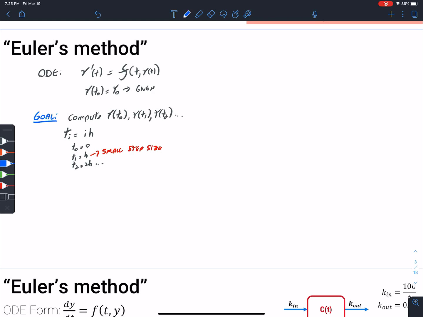So here is Euler's method. It's essentially an application of the Taylor series.